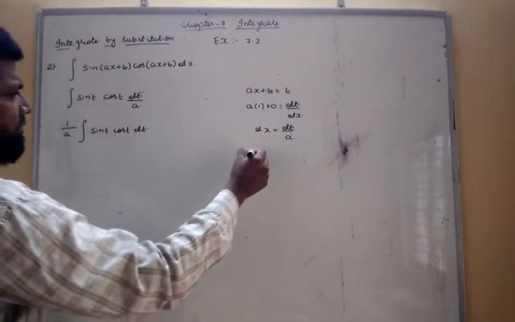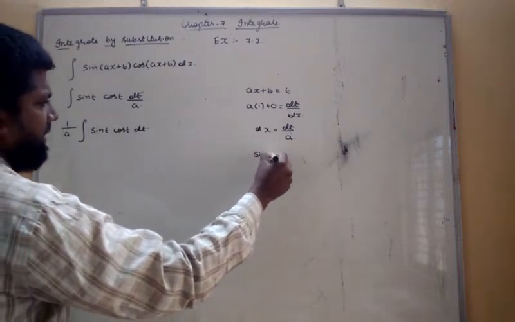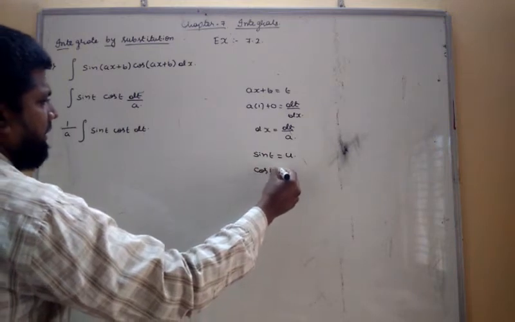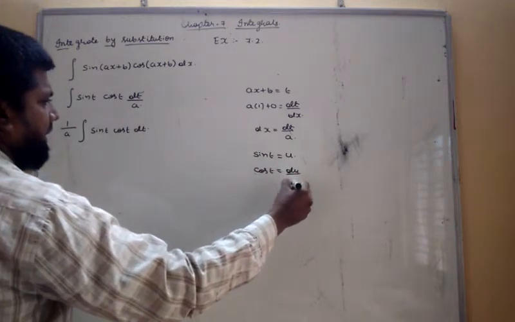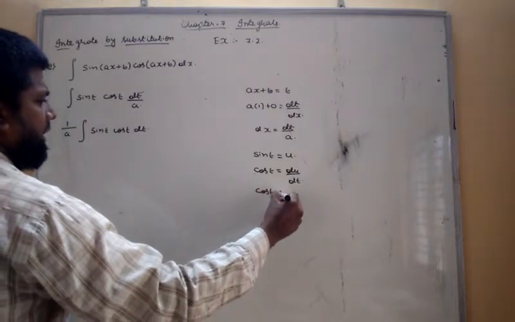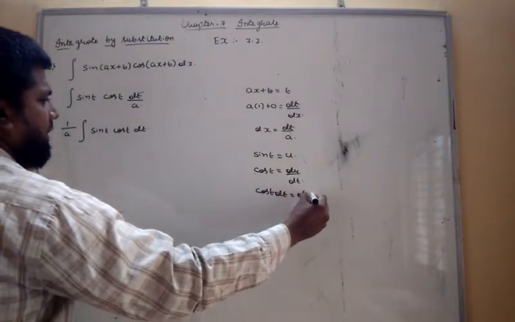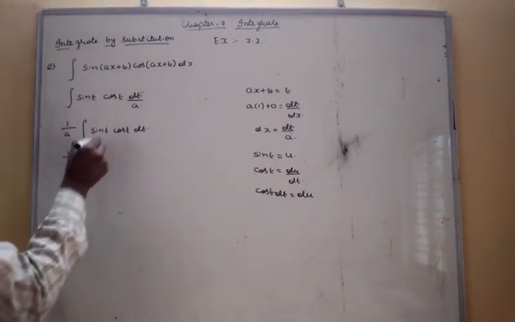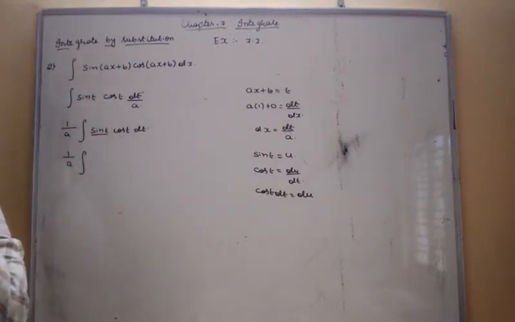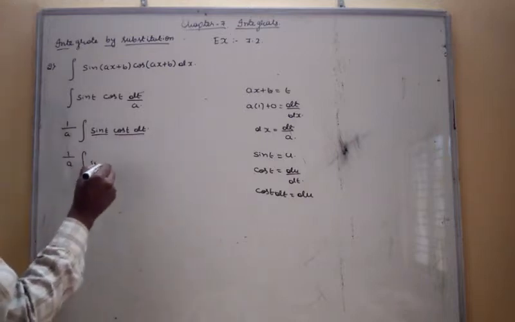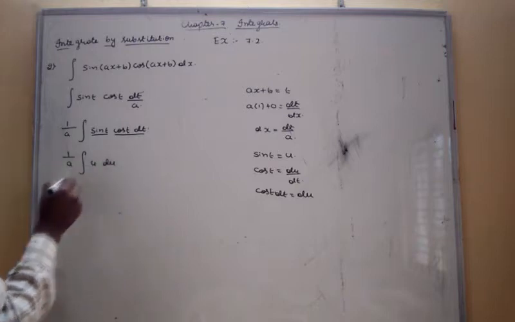Again, if you substitute sin t is equal to u, cos t is equal to du by dt, then cos t dt is equal to du.